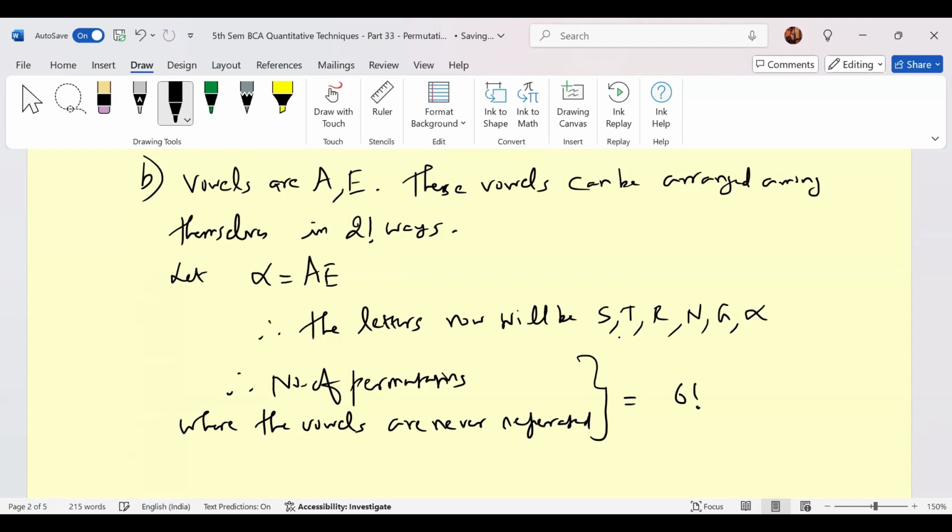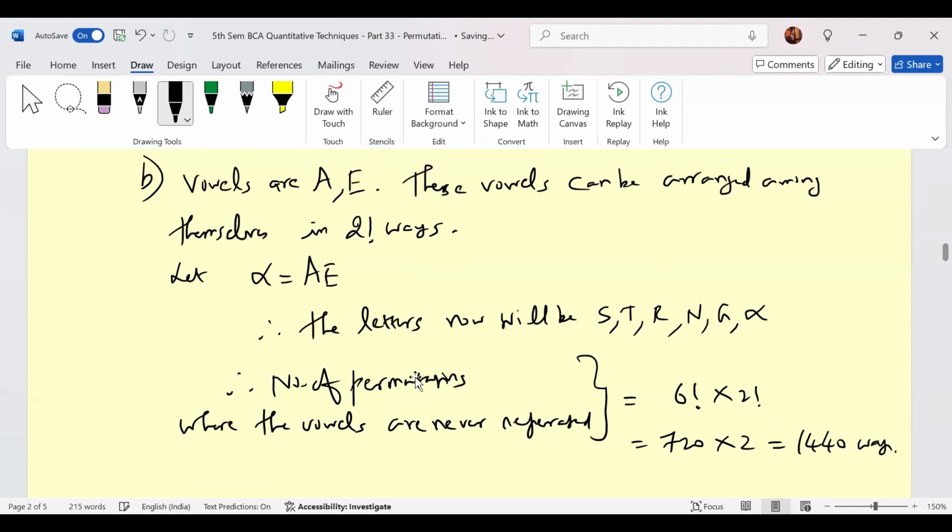Then that vowels can be organized in 2 factorial ways, which means 6 factorial into 2 factorial. 6 factorial is 720, 2 factorial is 2. That means we get 1440 ways.